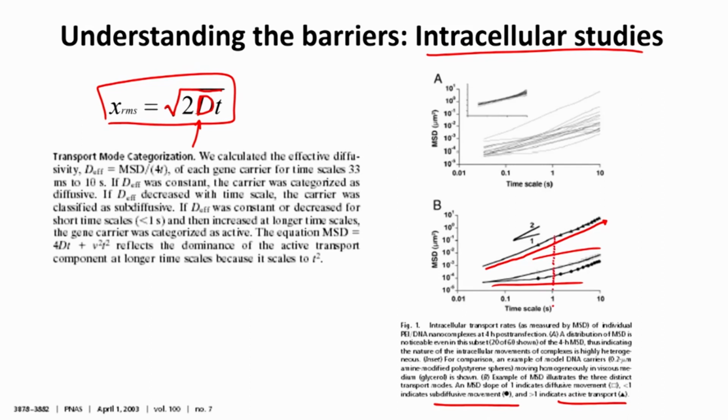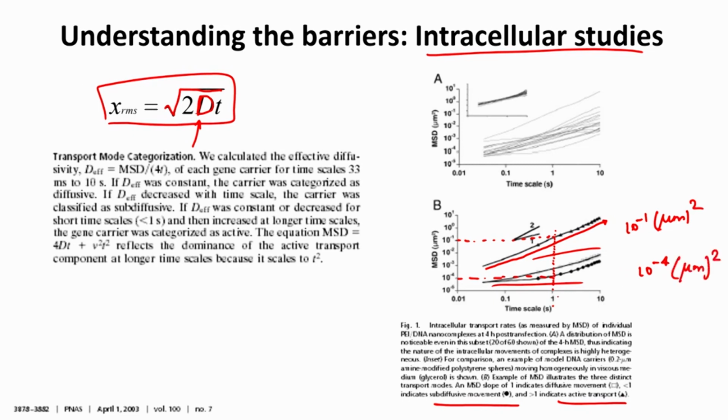If somehow we can get an active transport, so we are looking at 10 to the power minus 1 micron square here and 10 to the power minus 4 micron square here.